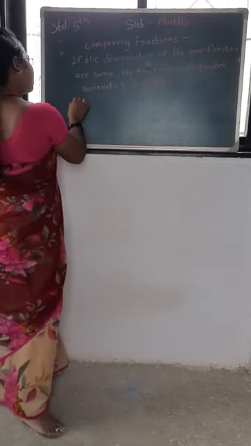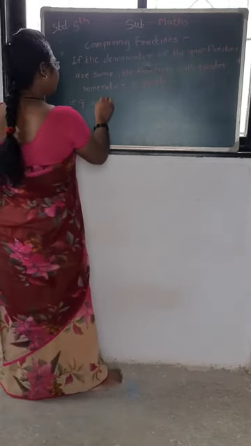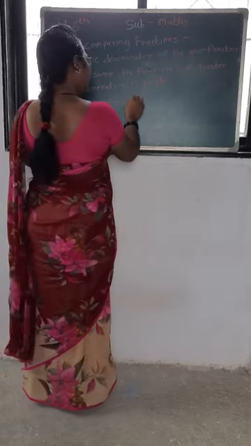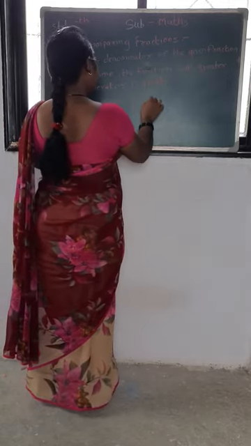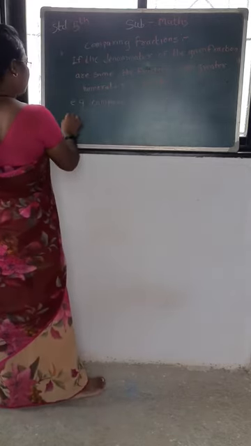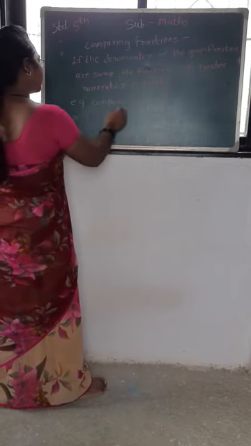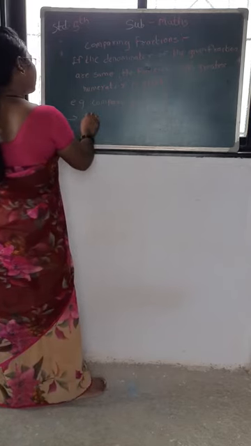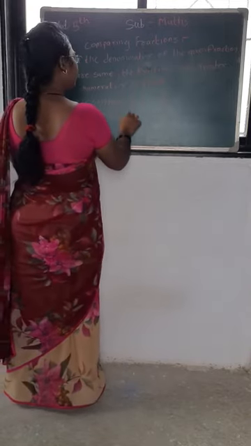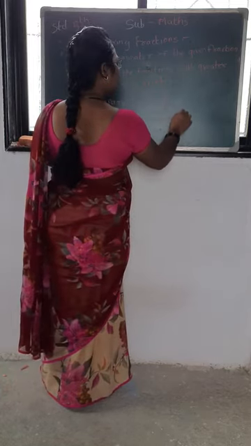For example, compare 5 divided by 8 and 4 divided by 8. Then the given fractions are like fractions.